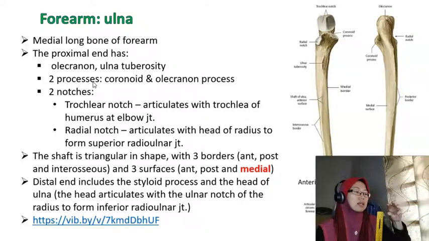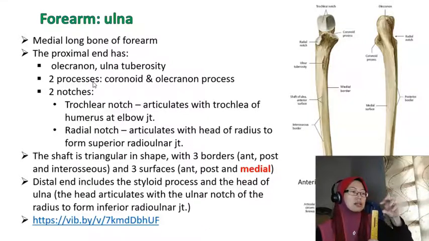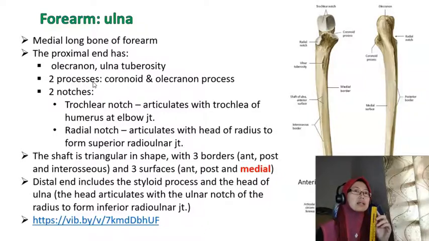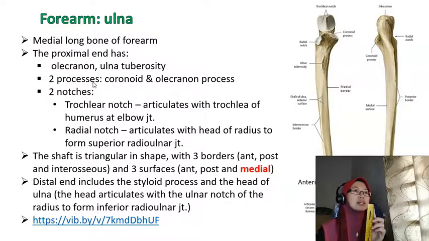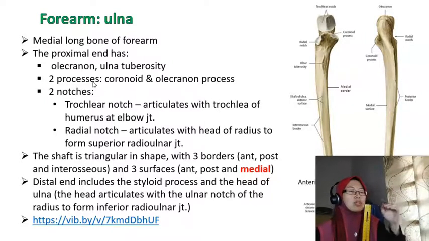And it has two notches. Trochlear notch, that articulates with humerus: radial head with capitulum of humerus, and trochlea of humerus with trochlear notch. And the other notch is the radial notch, the one that we mentioned before this, that is involved in proximal radioulnar joint.